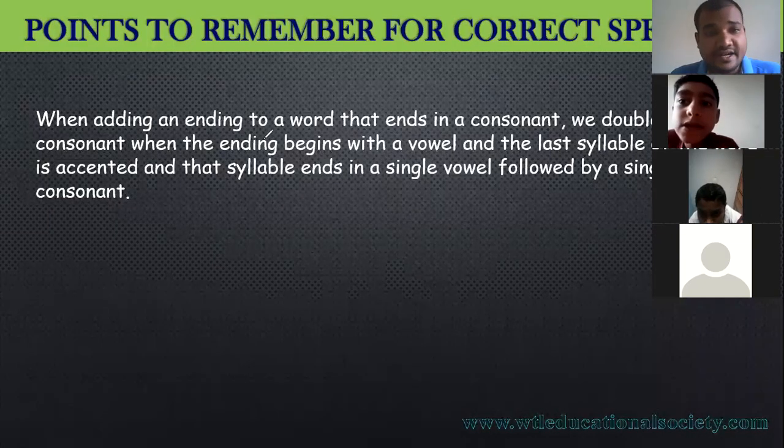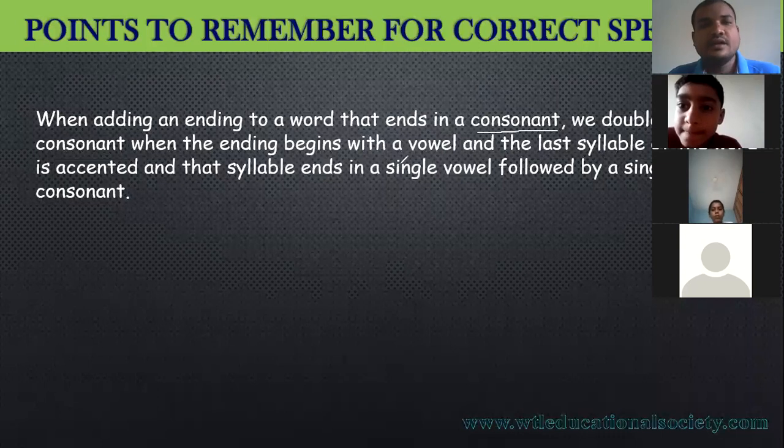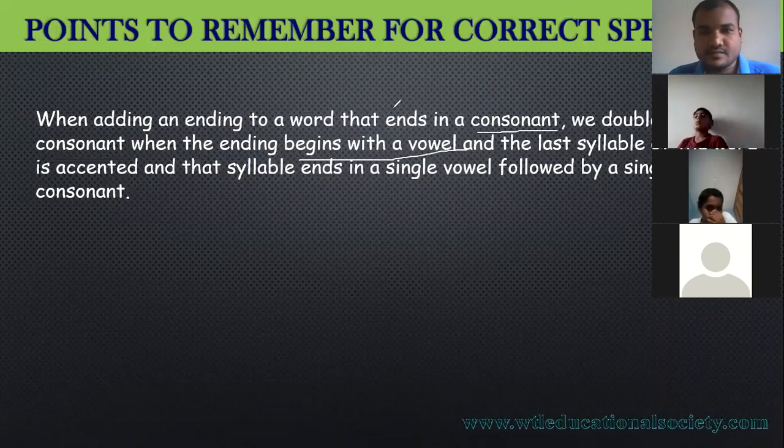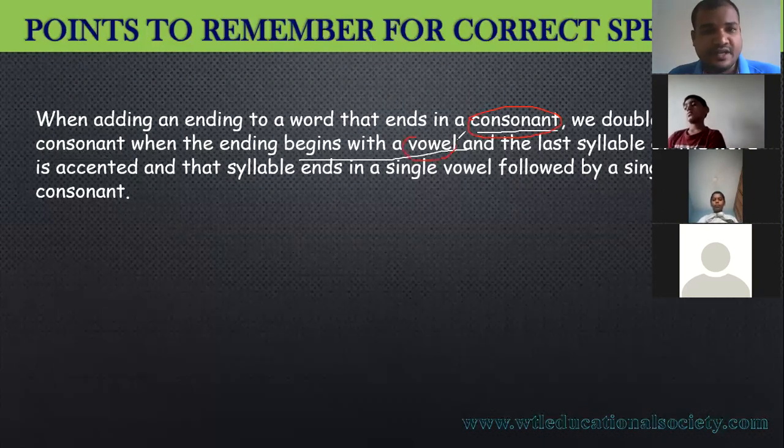When adding an ending to a word that ends in a consonant, we double that consonant when the ending begins with a vowel. So the word should end with a consonant and the ending should begin with a vowel.